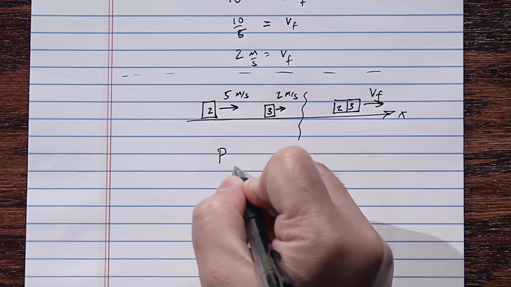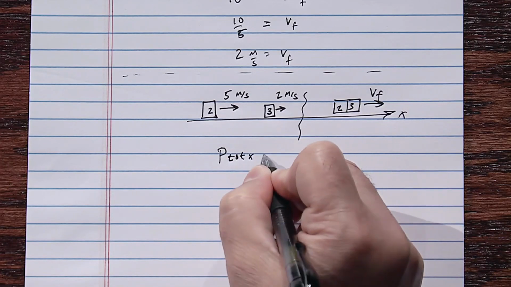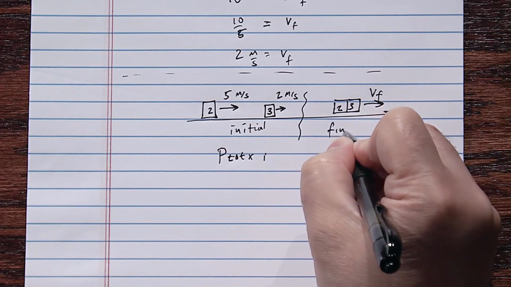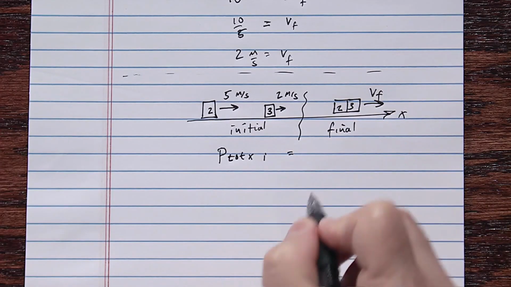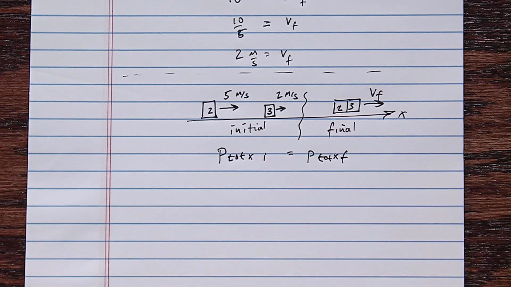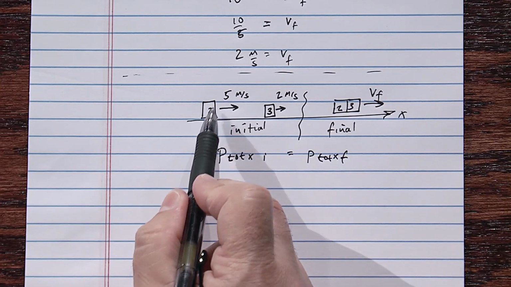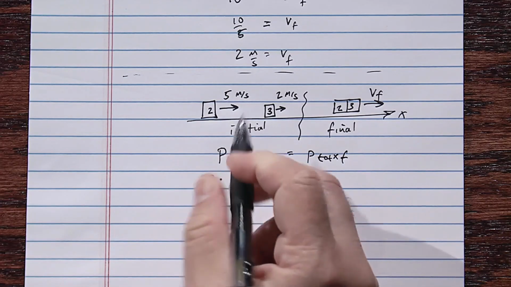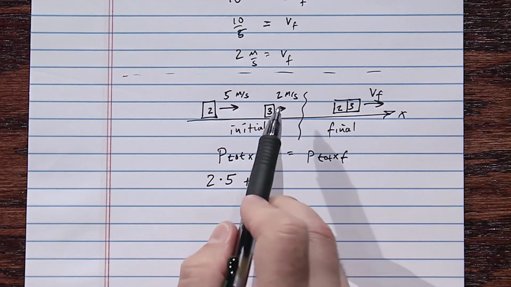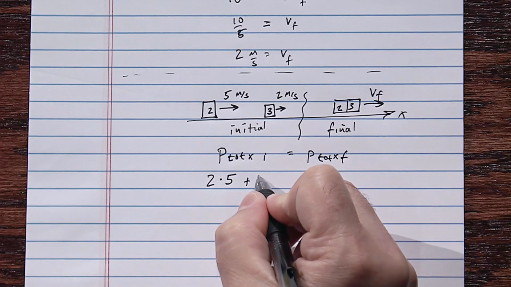Remember that our equation is P total x initial equals P total x final. Initially, we have 2 kilograms of mass moving at 5 meters per second. And we have to add in 3 kilograms of mass moving at 2 meters per second.